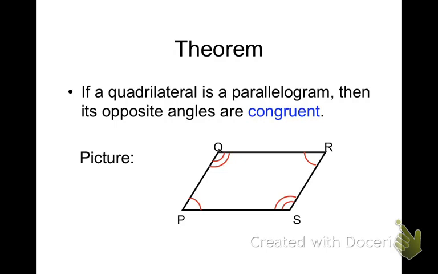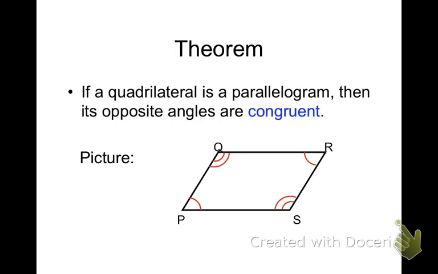So again, make yourself a parallelogram and put little arcs inside the angles to show that the opposite angles are congruent to each other. Okay, so we've got parallel lines, we've got opposite sides parallel, we've got opposite sides congruent, we've got opposite angles congruent.